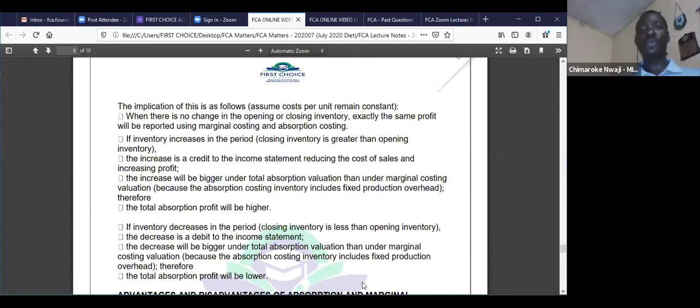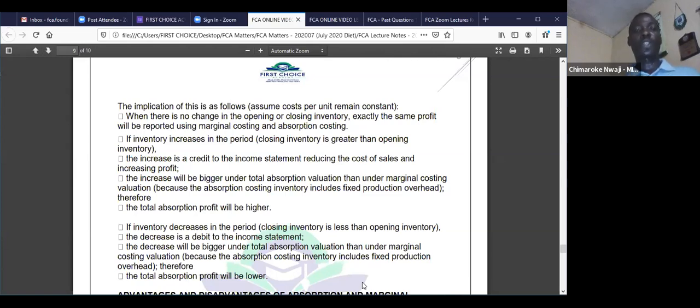Each time you are doing something that has to do with inventory movement, just know that if your opening stock is higher, maybe you are comparing two pieces of information, if an opening stock is higher from one period to another, that means your cost of goods sold will be high, because opening stock is part of the things that increases your cost of goods.